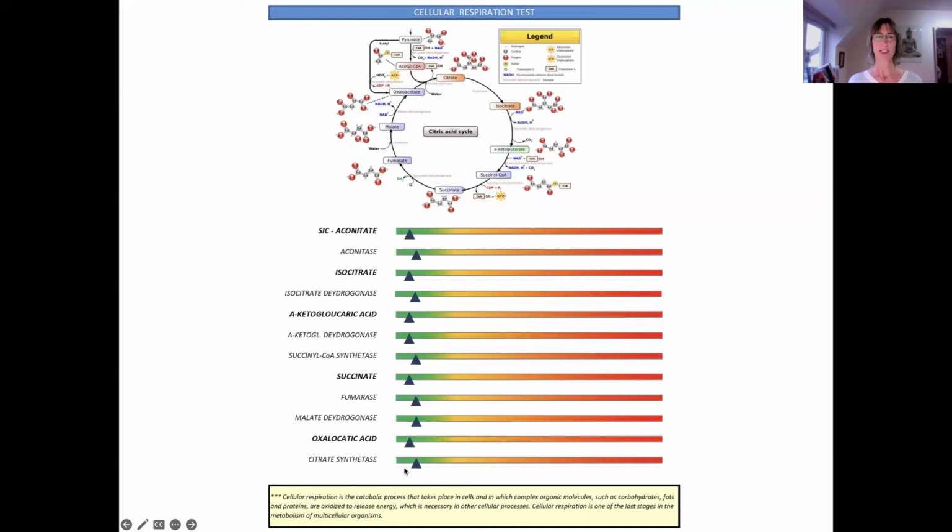I don't personally know what all of these different labels here are, but obviously we're looking at having the arrows down in the green rather than in the red. So with these different initial tests, we're looking a lot at the energy our cells have, the energy that is available from our cells for all of our functioning, the energy that's stored, the energy that's released.